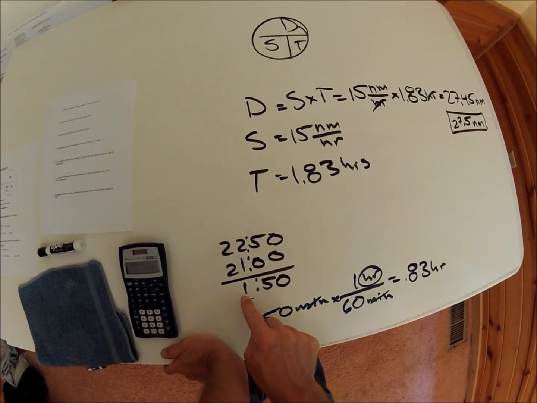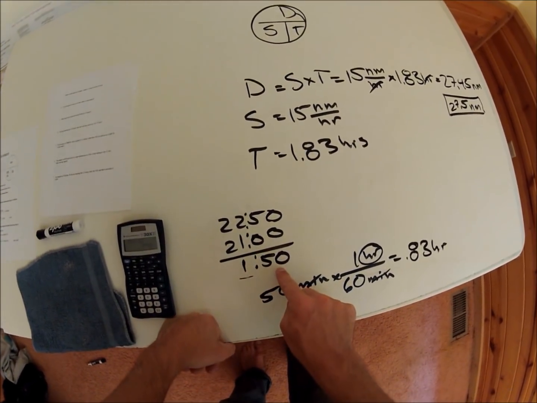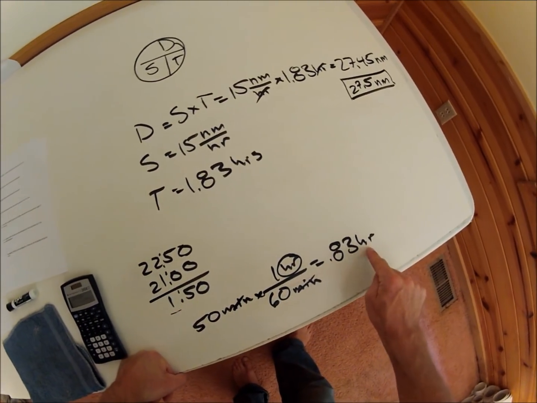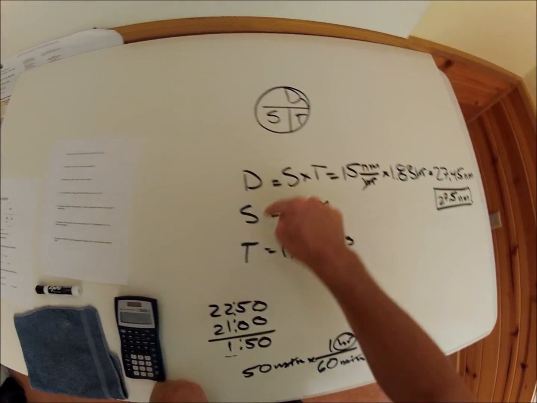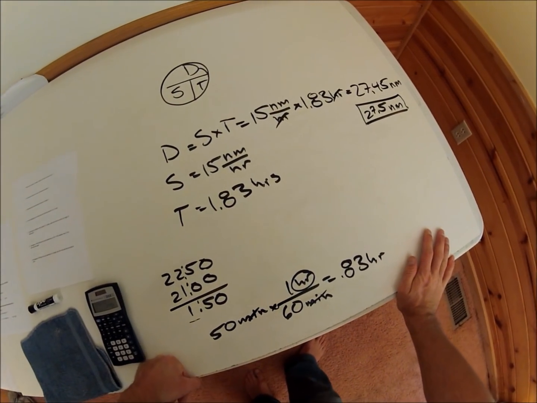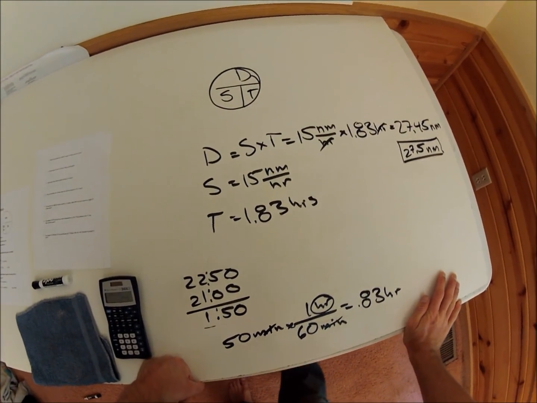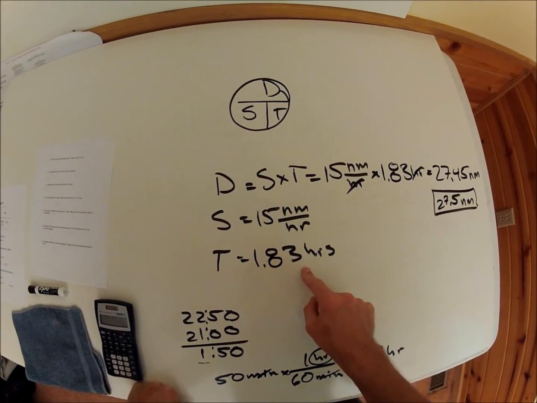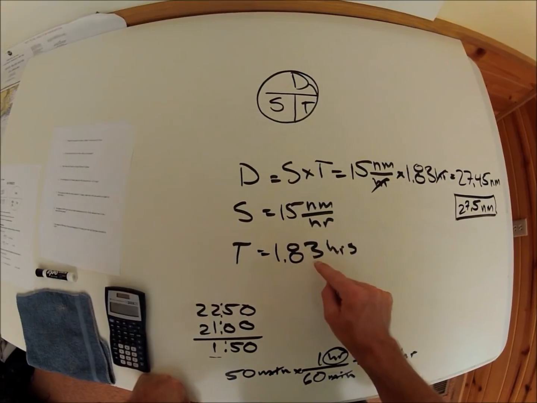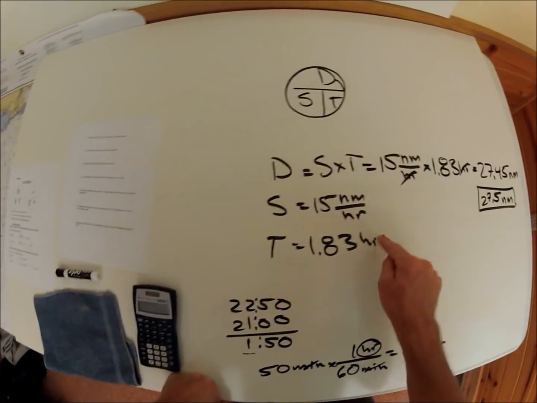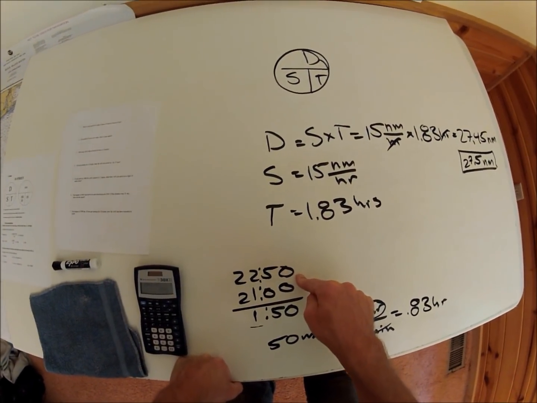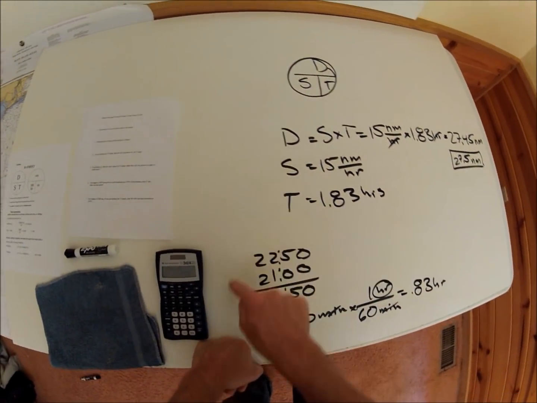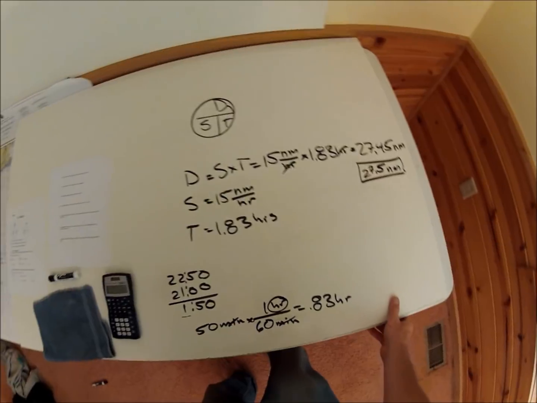So when we're left with 1 hour and 50 minutes, this 50 minutes needs to be converted to hours in order to go into this equation. And vice versa. If you're left with time out of this equation, if you're left with 1.83 hours, and you need to add 1.83 hours to a clock time, well, then you need to convert the 0.83 hours to minutes to add it back to a clock time. All right.